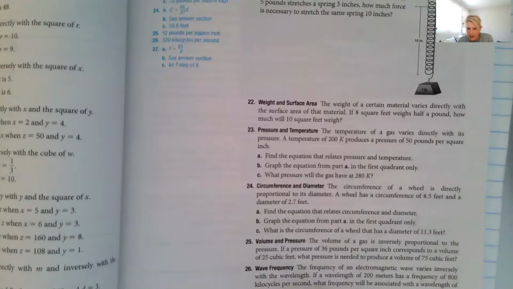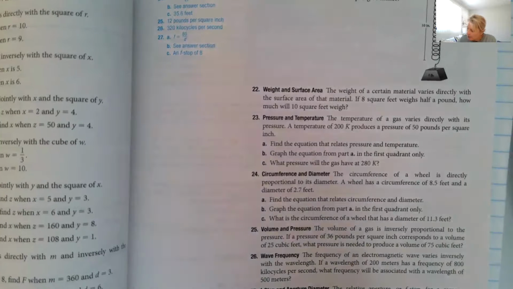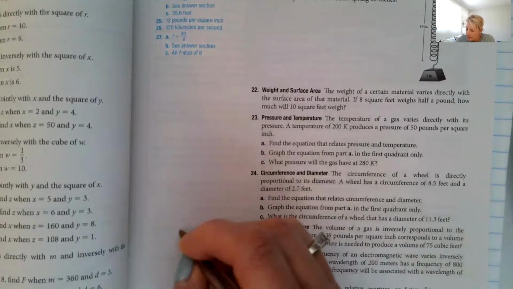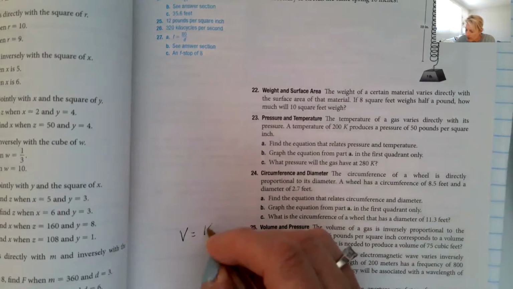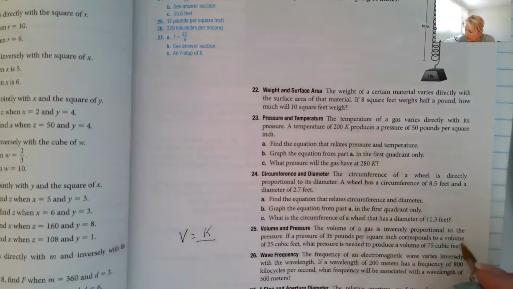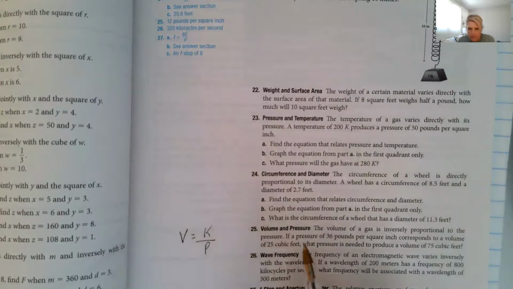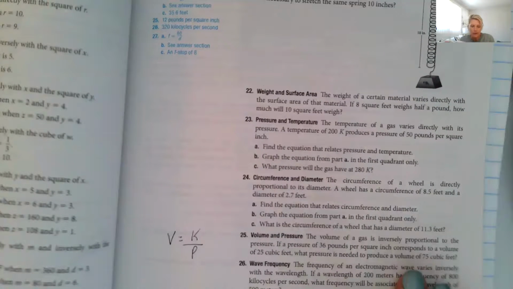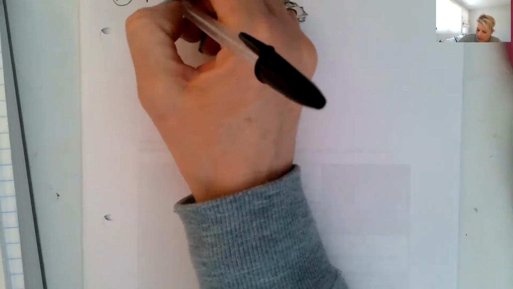The volume of a gas is inversely proportional to the pressure. So the volume, I'm going to say is V, is inversely proportional. So our constant of variation is going to go on top, and inversely means the pressure P is going to go in the denominator. So that's going to be our basic setup. V equals K over P. You have to know if it's direct variation or inverse. That's the key.